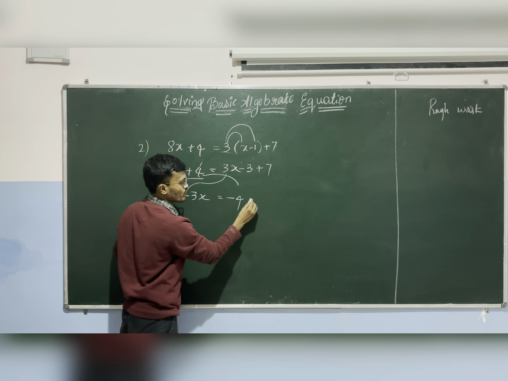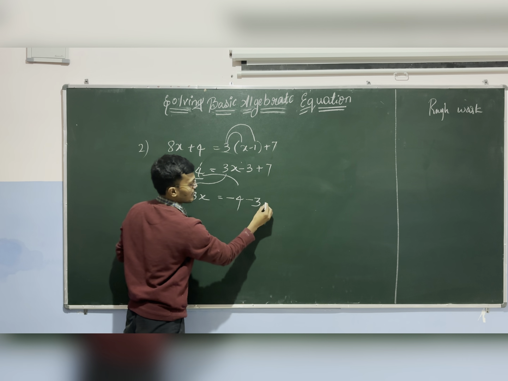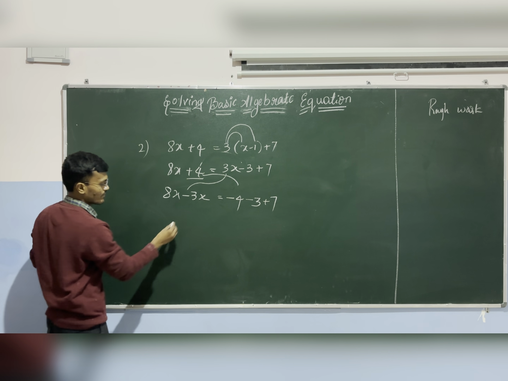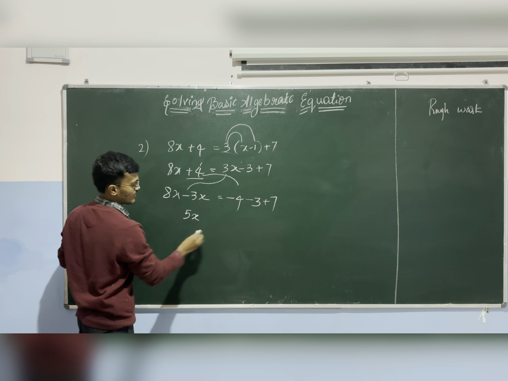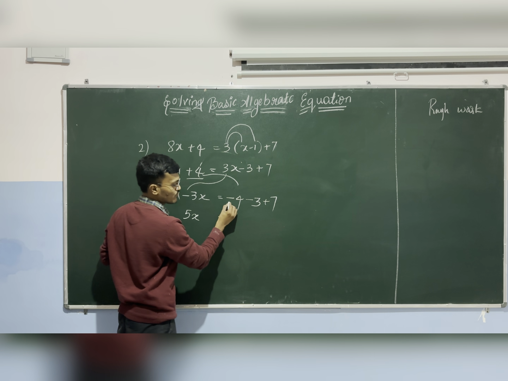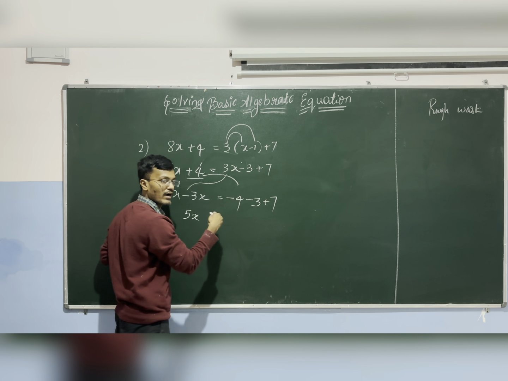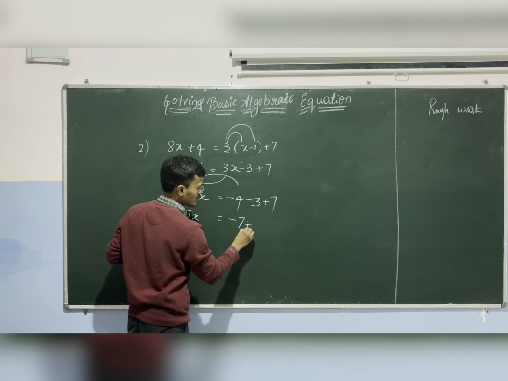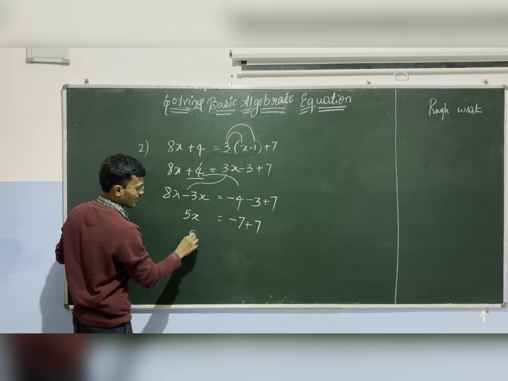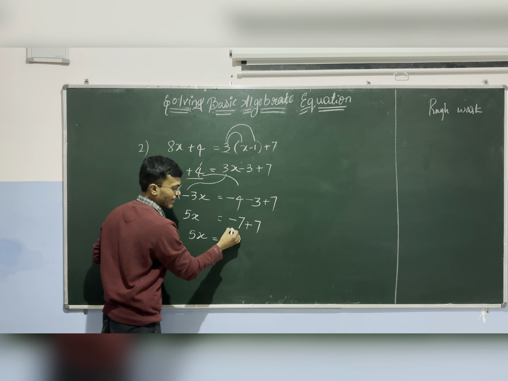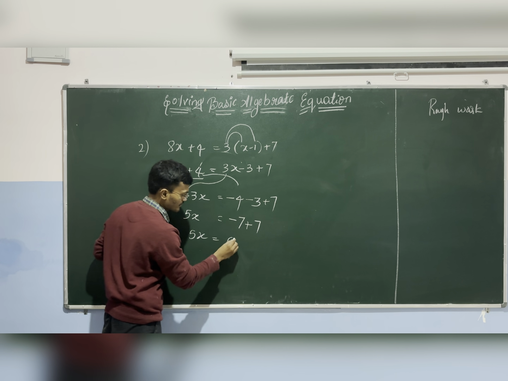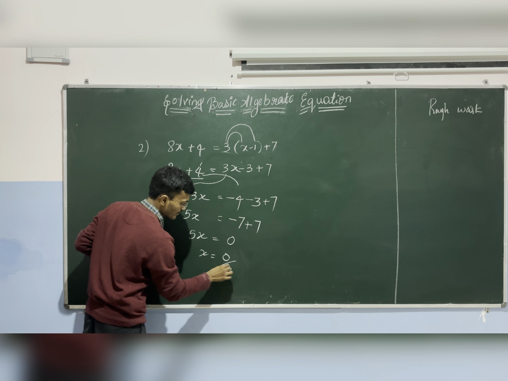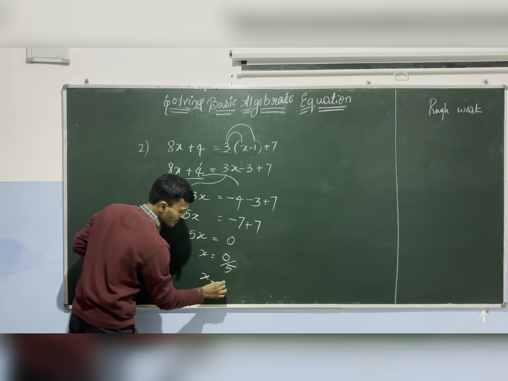Minus 3 as it is you need to put, and plus 7. So 8x minus 3x, answer is 5x. Now minus 4 minus 3, you need to add, so we will get minus 7 and plus 7. So 5x equal to minus 7 plus 7, which is 0. So x is equal to 0 divided by 5. So x is equal to 0.